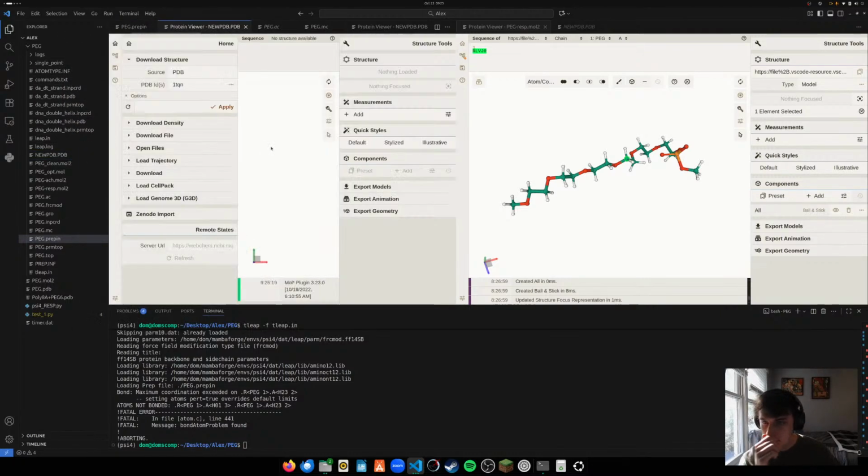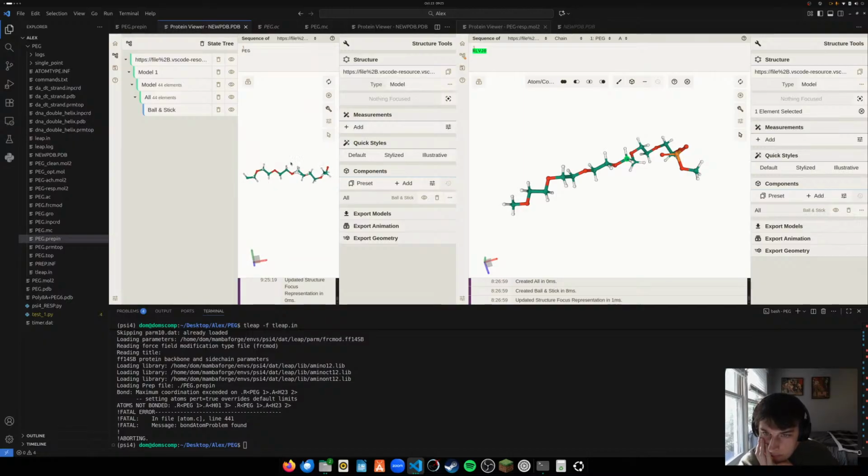Let's look at the PDB. So I got that. I think we just need to add the hydrogens potentially. Something to do with HO1.